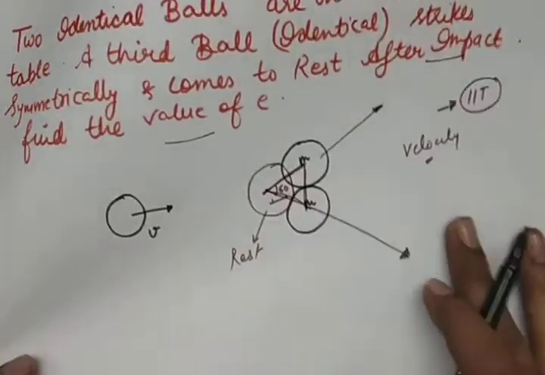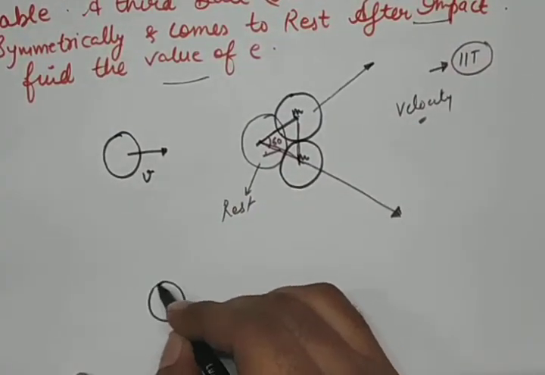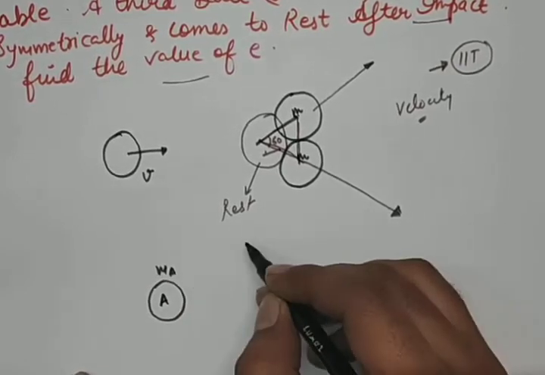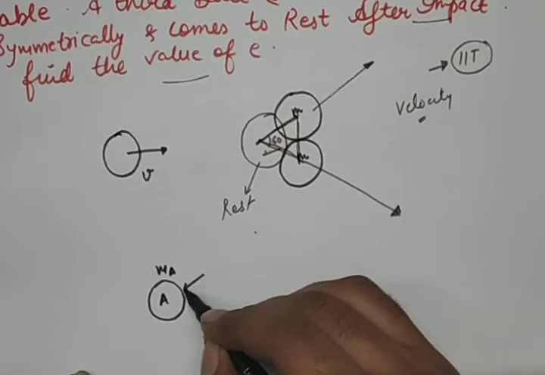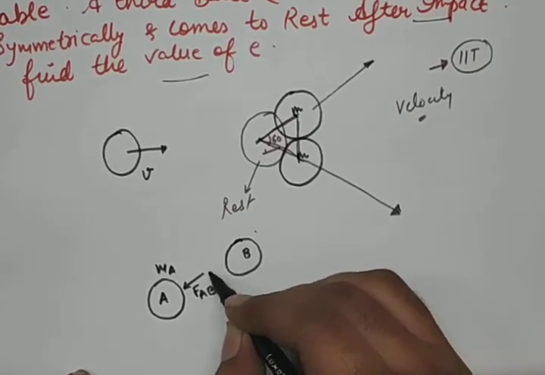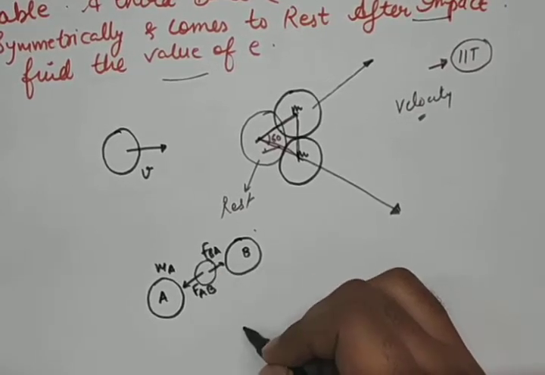After the impact, what is the scenario of collision? If this is body A of mass ma, some force FAB will act. Suppose this is body B, FBA will act here, and the net force is 0.